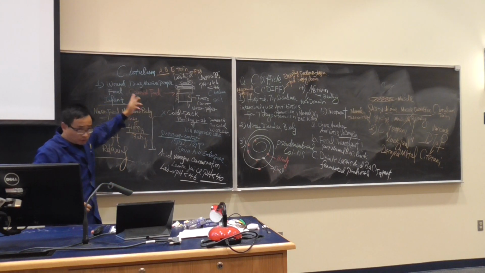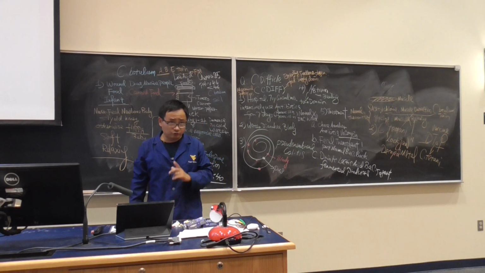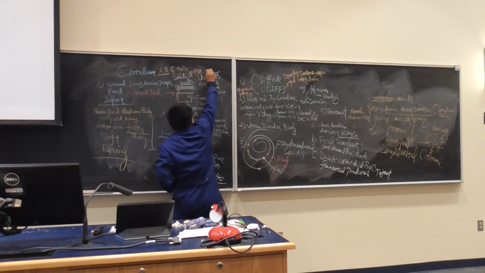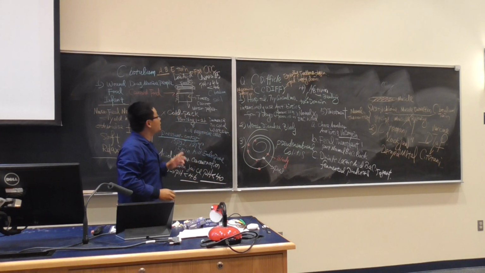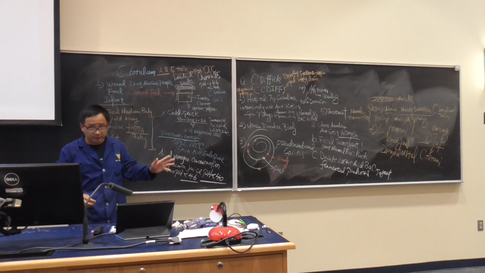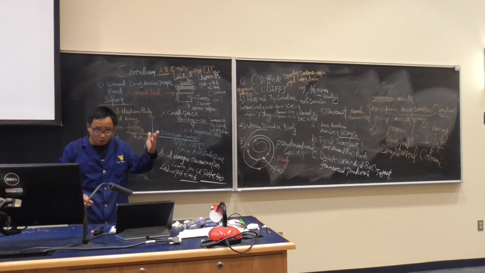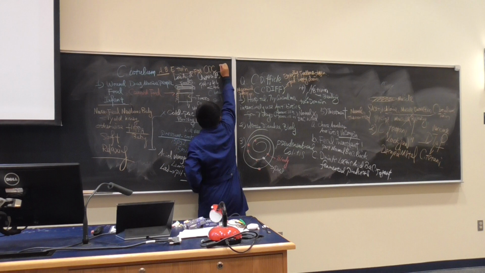And once you have a Clostridium botulinum, what they do? The first thing, they have to call CDC. In the south area, CDC is in Atlanta. And then they have to call the Atlanta airport to ship in antitoxin. The antitoxin usually is made in the horse. So we say it's an anti-equine toxin. Okay?